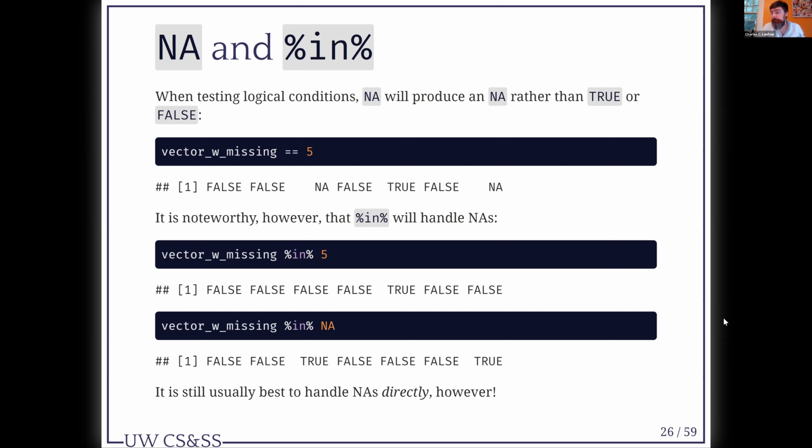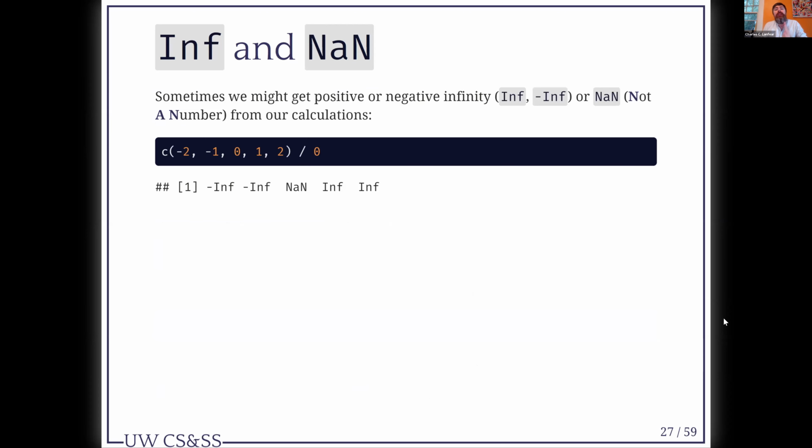Sometimes you'll do calculations and get positive or negative infinities or not a number. R is a statistical language, so it has values for infinities and for not a number, which are separate from NA values.